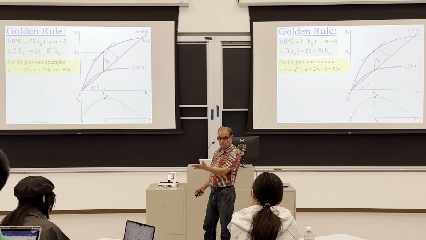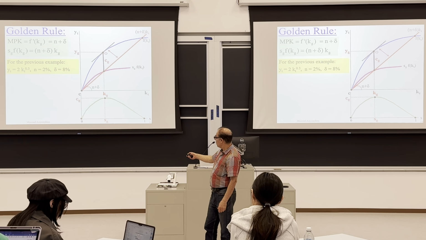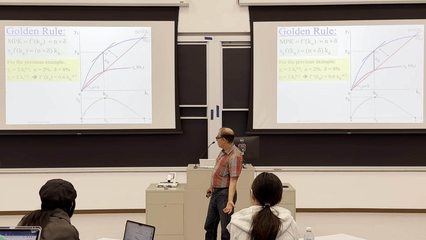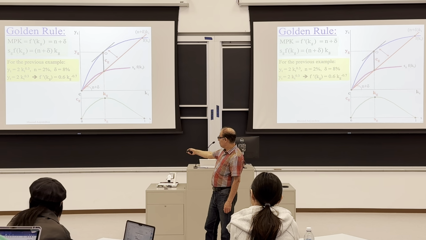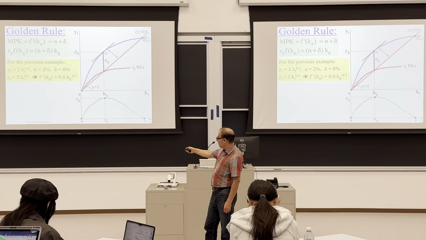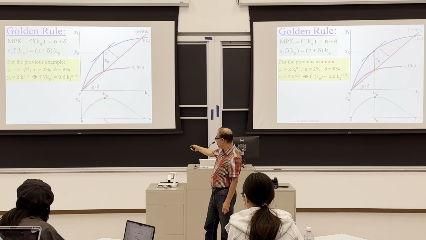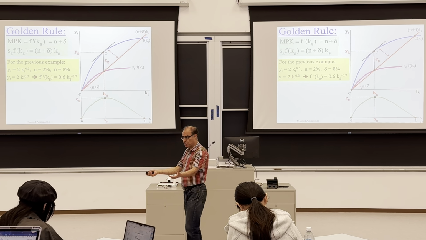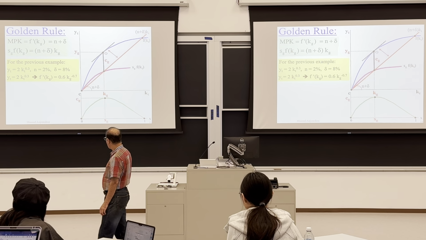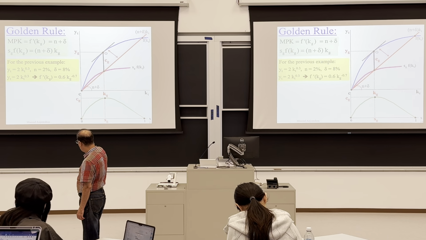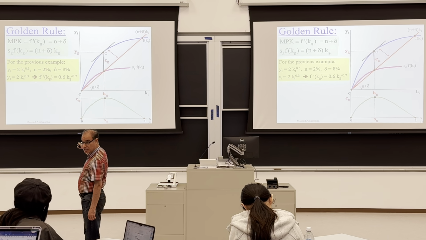You remember, the marginal product of capital must be equal to n plus delta. It cannot get easier than that. Take the derivative of the production function with respect to k, so it will be 0.6 kg to the power of minus 0.7, just the derivative. But be careful, I put kg here. Is that right?